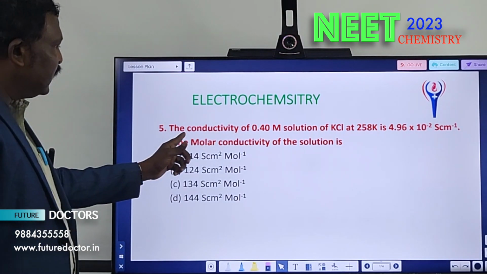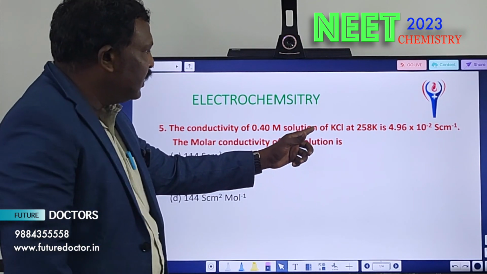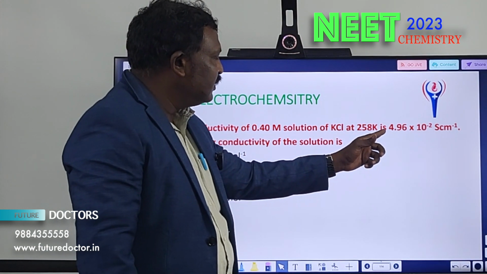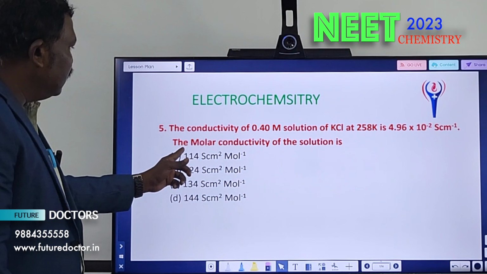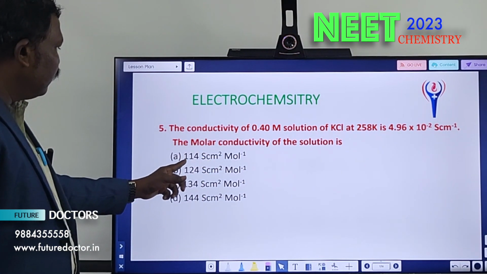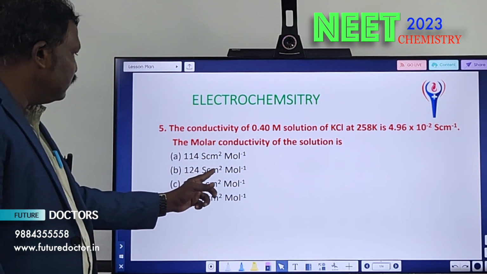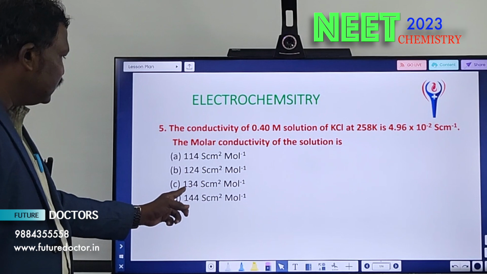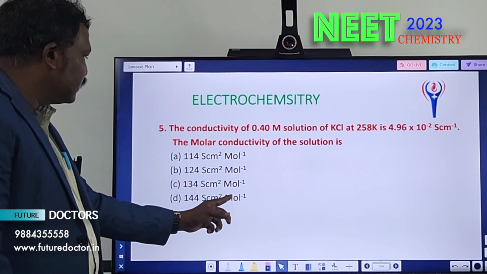Fifth one: the conductivity of 0.40 molarity solution of KCl at 298 Kelvin is 4.96 into 10 power minus 2 Siemens centimeter inverse. The molar conductivity of the solution is, option A 114 Siemens centimeter square mole inverse, option B 124, option C 134, option D 144 Siemens centimeter square mole inverse.